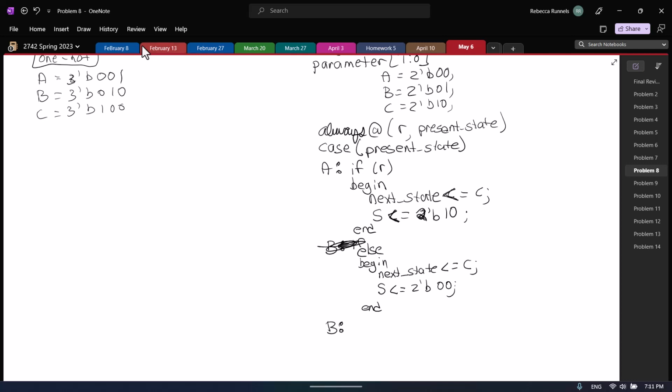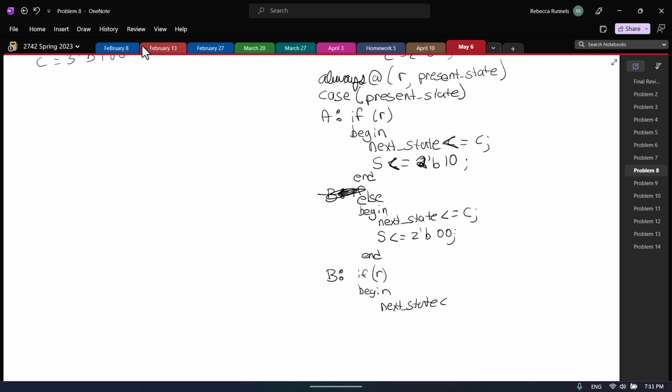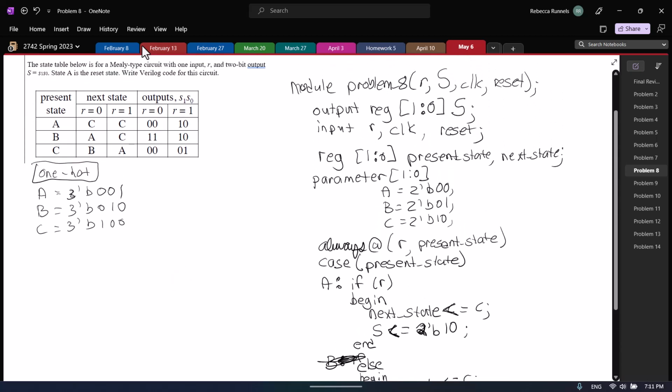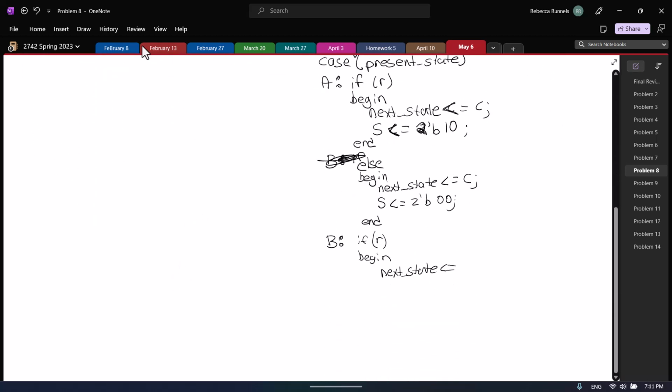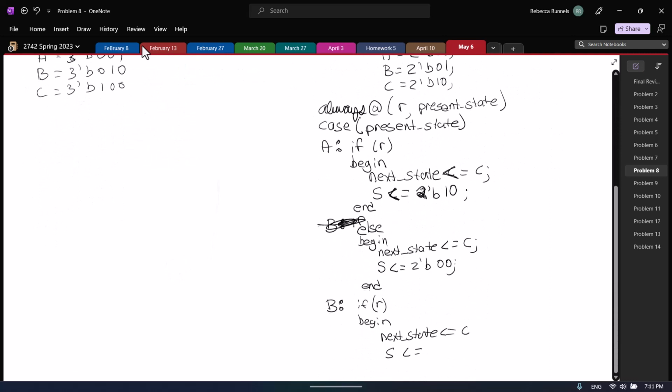Okay, now for case B. So if R, begin, the next state, so for B, if R is 1, the next state is C. And our output is 1, 0.